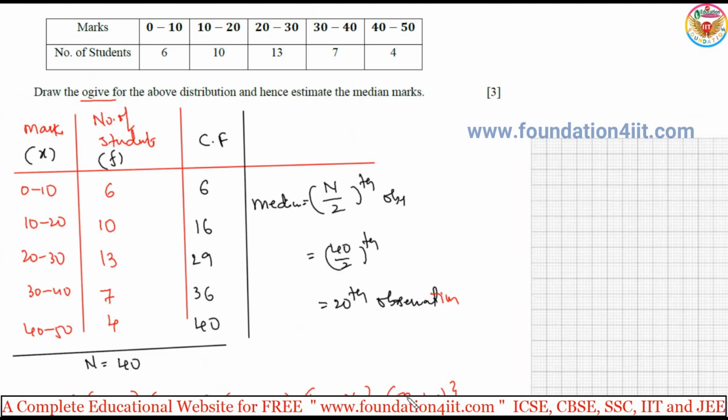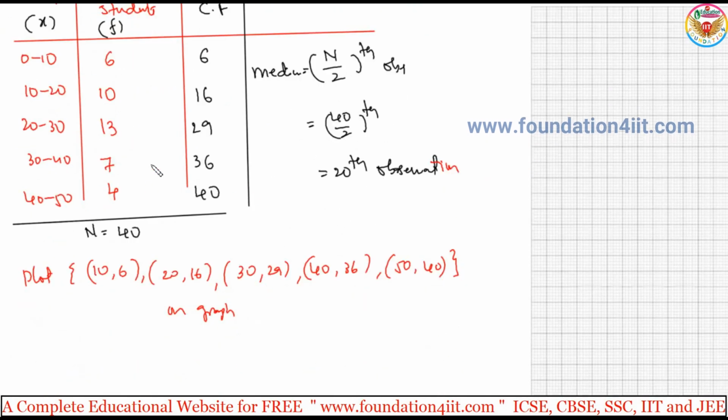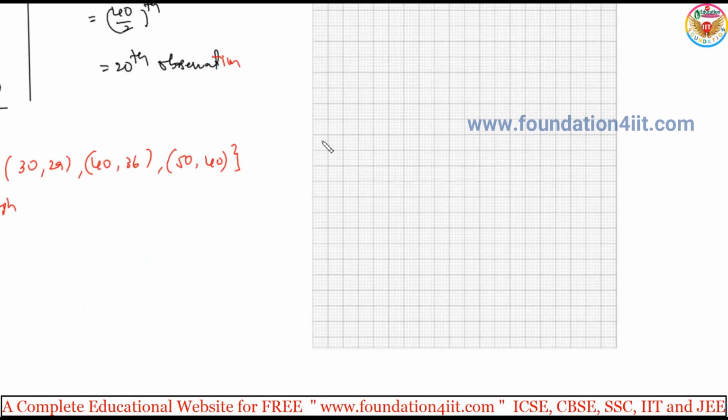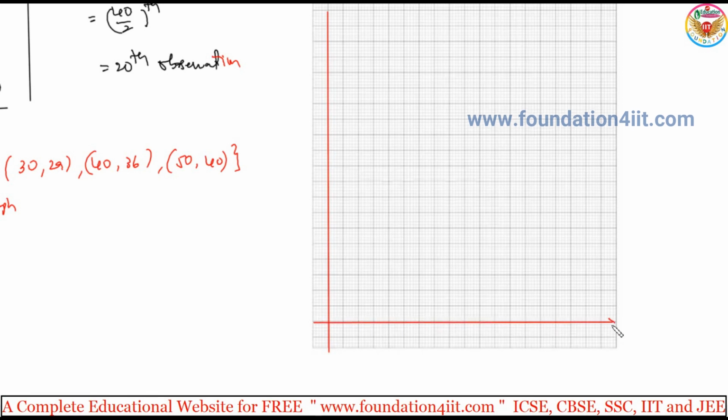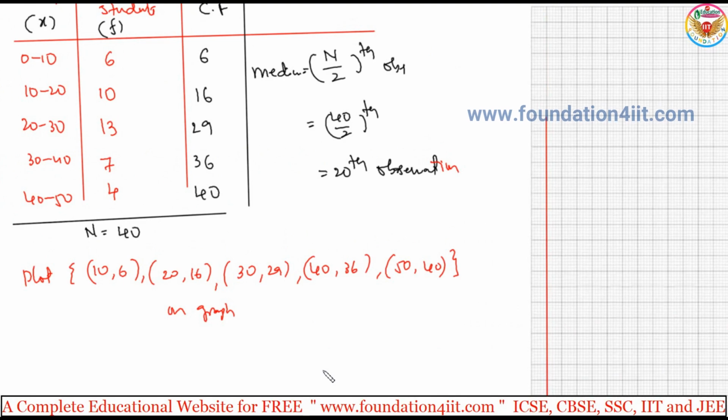As per the given data, they said 2 centimeters for 10 marks. So 1 centimeter is 5 marks. Here also 1 centimeter is 5 students. Marks is on the x-axis, number of students on the y-axis. Let us take a small line as 1 centimeter. So x-axis and y-axis. According to the given data, the least is 0 and the highest is 50.